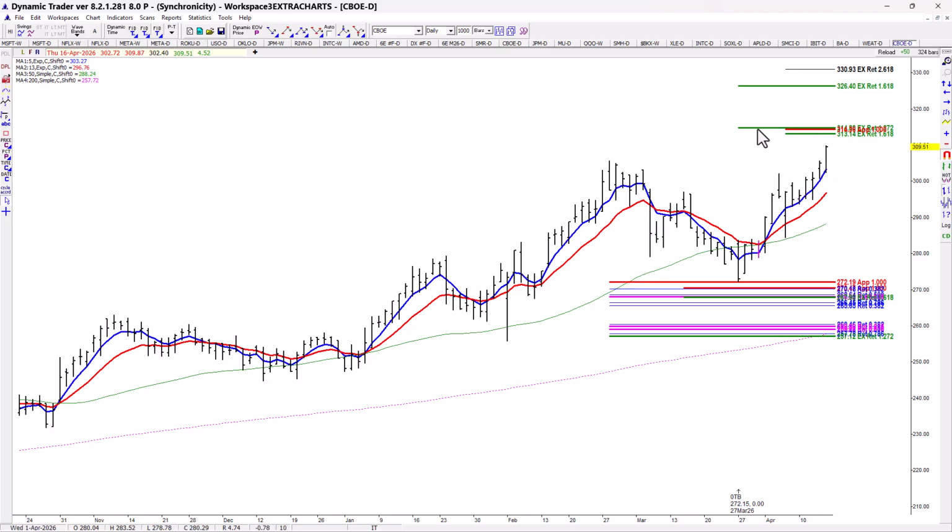And that comes in with a 1272 extension, a 1618 extension, and a 100% projection. So definitely, as we're extending these prior swings, you would definitely want to ratchet up stops at this point. But that's how we came up with the setup. And again, we had a few different areas that it could have tested and held, but we did end up holding above this one. And that's why we were focusing on recreating this.